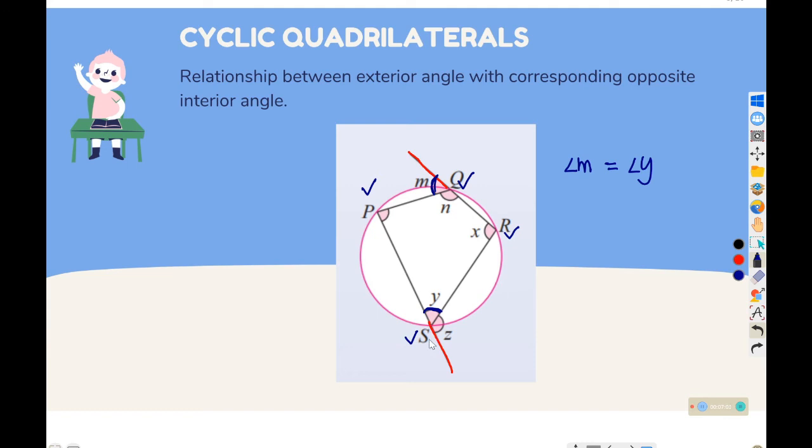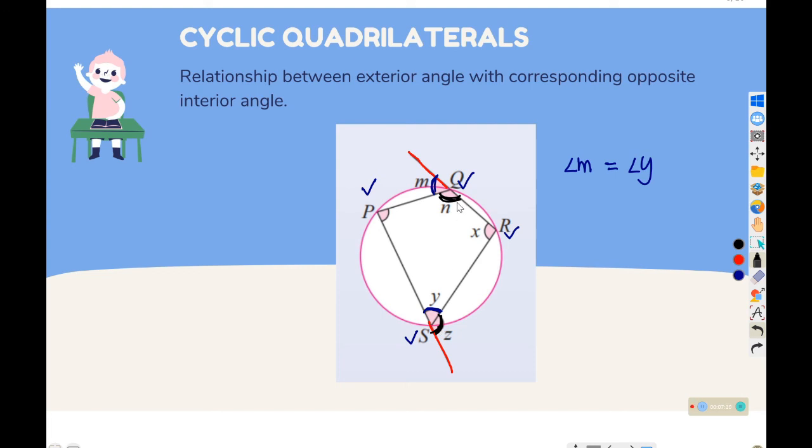At S here, angle Z is equal to angle N. Z is the exterior angle and N is the interior angle.